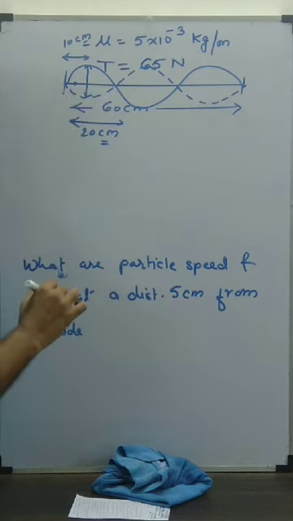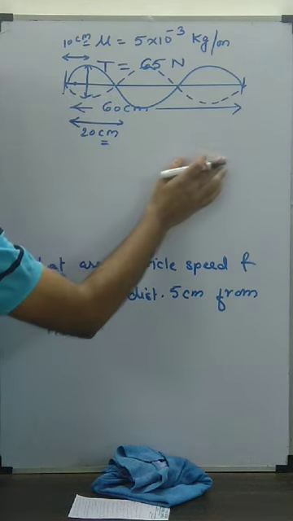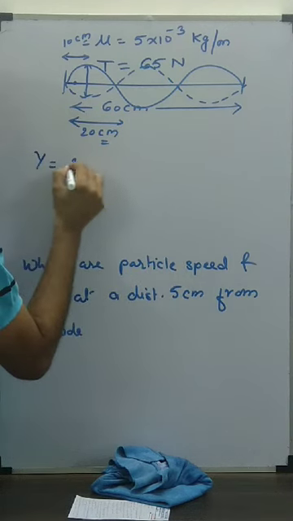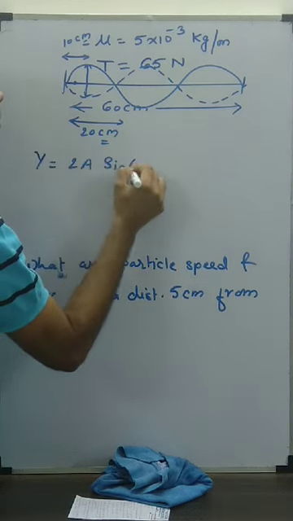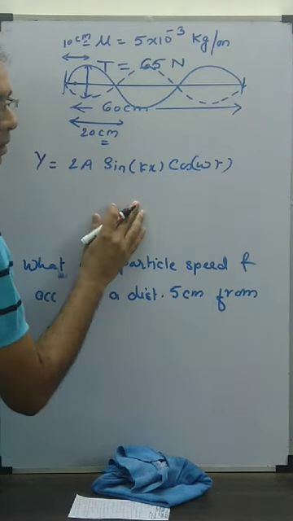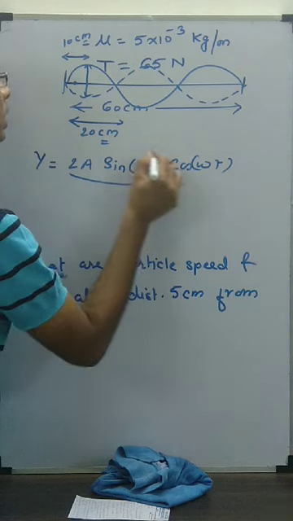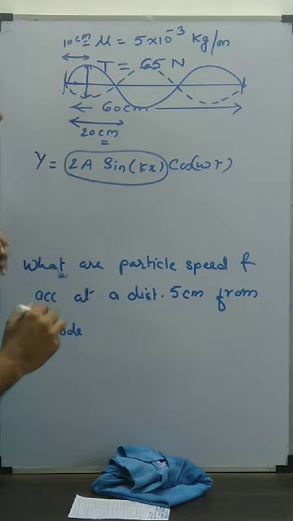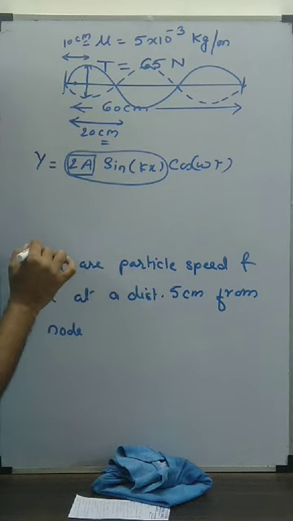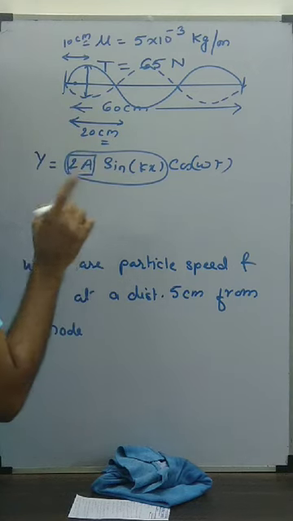Okay, let's see. I know that whenever we are writing the equation of a standing wave, we write it like this: y equal to 2a sine kx cos omega t. Right? And this 2a basically is the amplitude of the standing wave, the amplitude at the antinode. What are we finding?